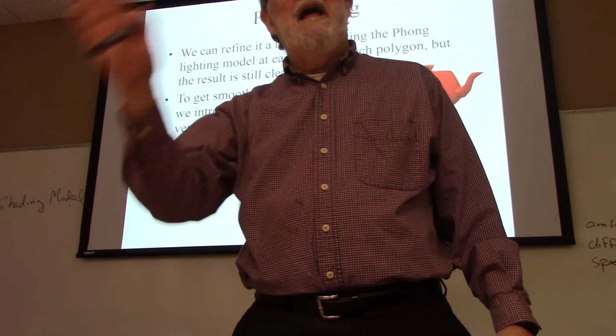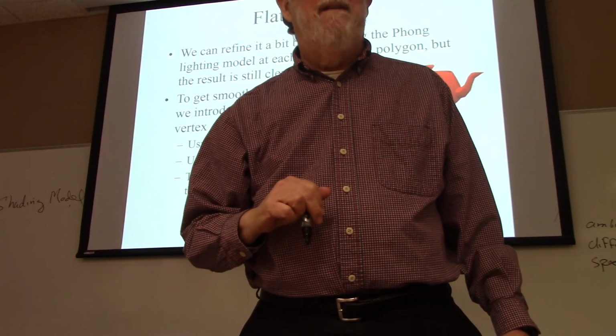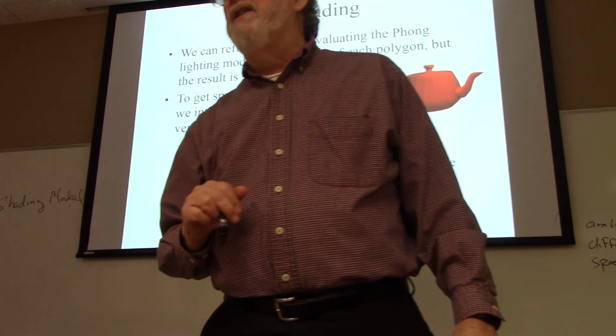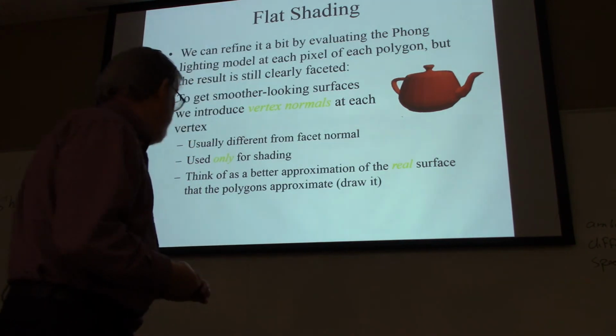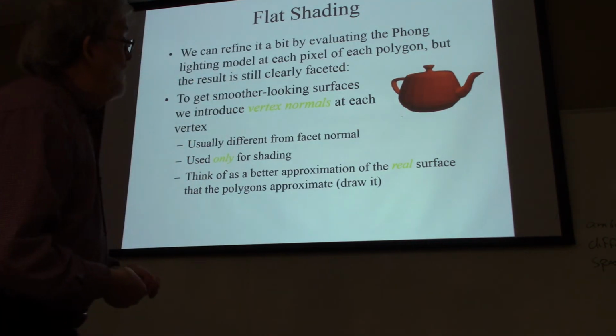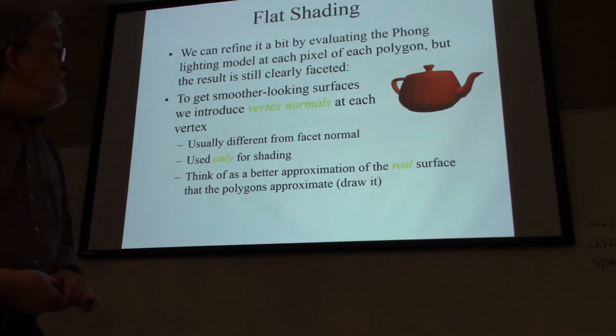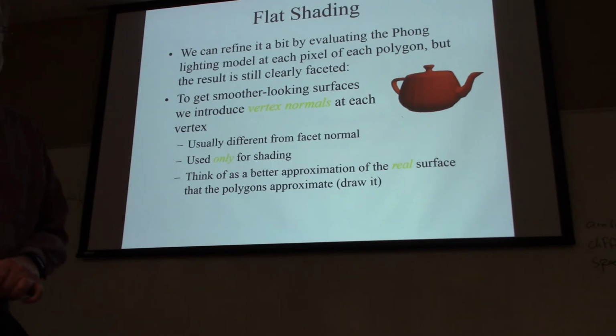And then you apply that to the entire facet. That is flat shading. The same value over the entire facet, okay? And what that does is it gives you little regions of constant color, right? As you can kind of see on the Utah teapot there.